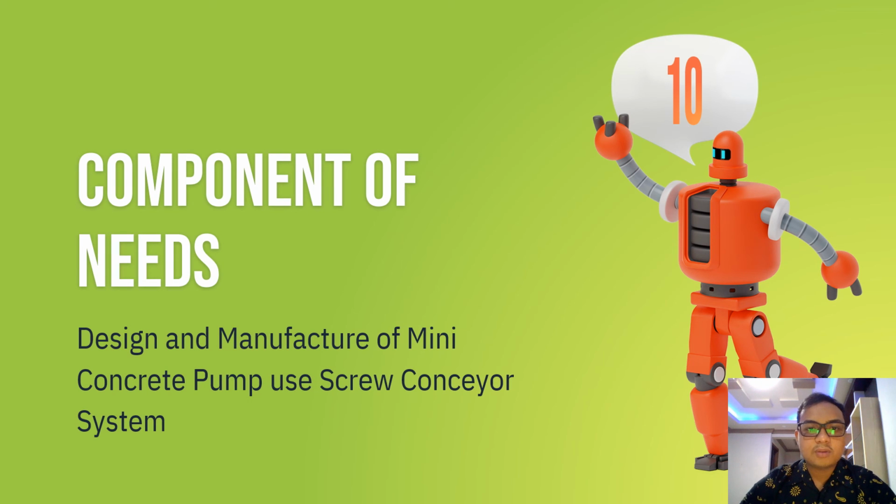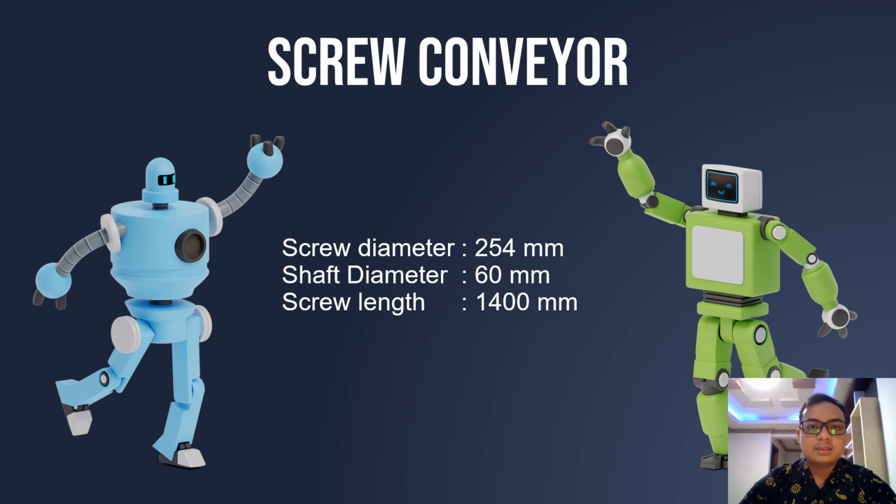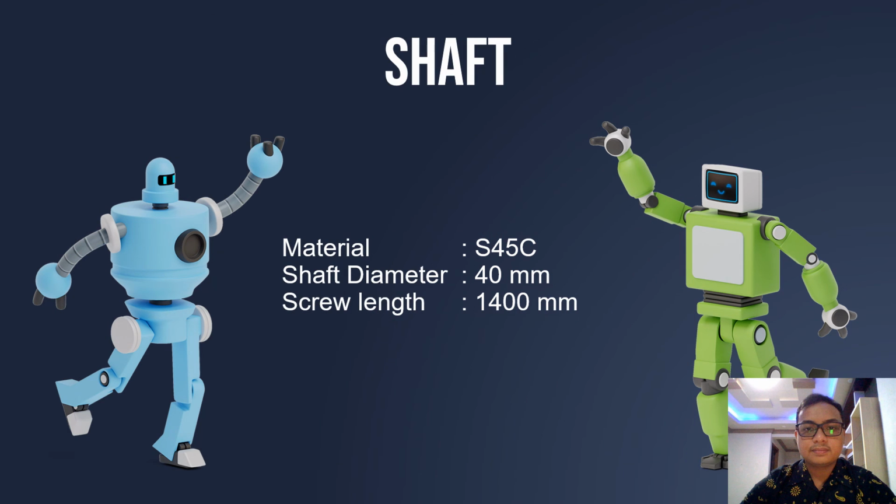The next is components of needs. The screw conveyor: screw diameter is 215 millimeters, with a shaft diameter of 60 millimeters, and the screw conveyor length is 400.